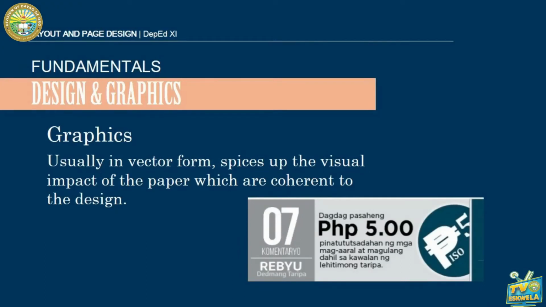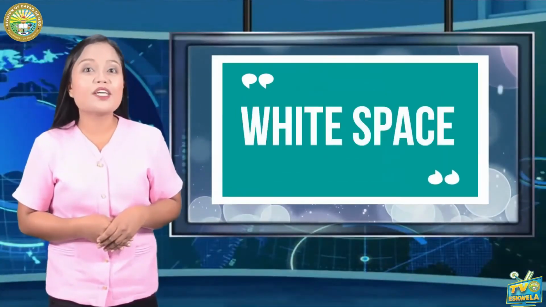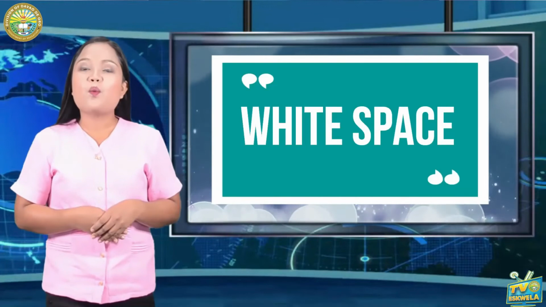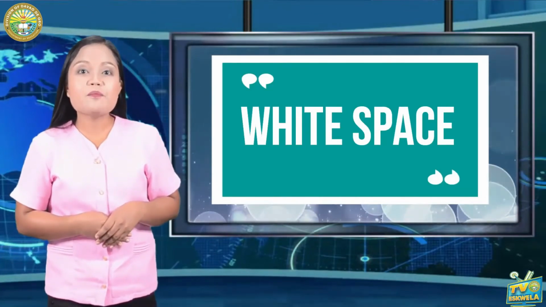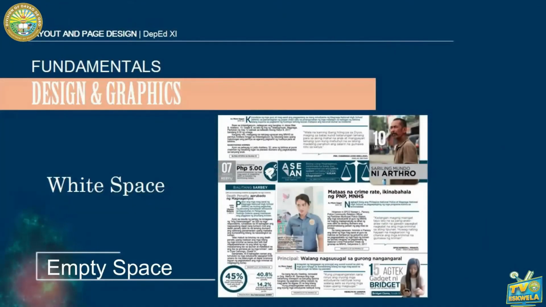Graphics, usually in vector form, spice up the visual impact of the paper, which are coherent to the design. The last fundamental is the white space. White space is the empty space all throughout the pages of the paper.